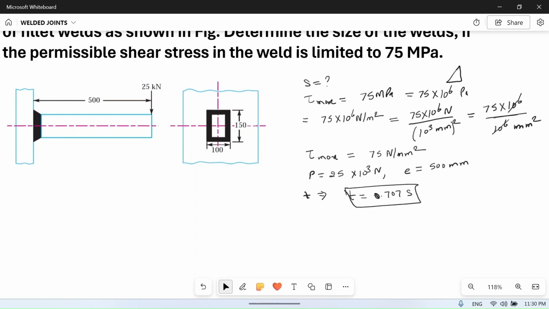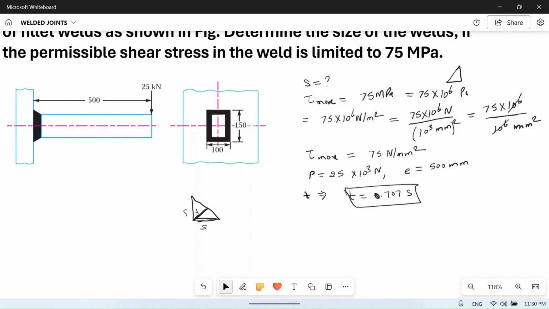So what will be the area at throat, because that area will be minimum at throat and maximum stress will be developed at that point. Suppose this is a fillet, then this is S, this is S, then this is T. So this is the minimum width of the weld, and at this plane maximum stress will be felt.